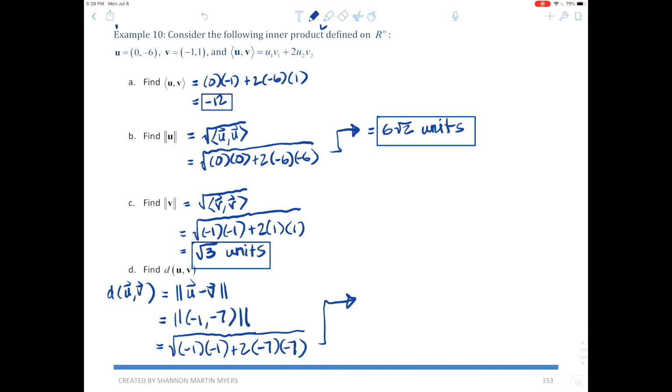And that'll give us 1 plus 98, right? So that would be 99, I think. So that would equal to, let's see, 9 times 11 is 99. So we'd have 3 √11 units.